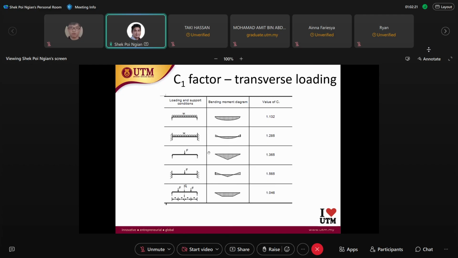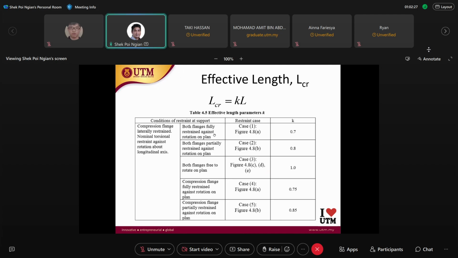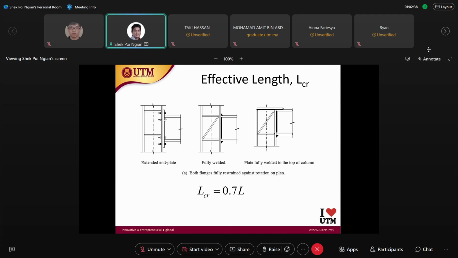Okay, so we have rigid or pin connection. So if your beam is rigidly connected, like case 1, you can refer to your books. Your books have all these figures like this. So if your beam is connected rigidly to the column, we call this a rigid connection.